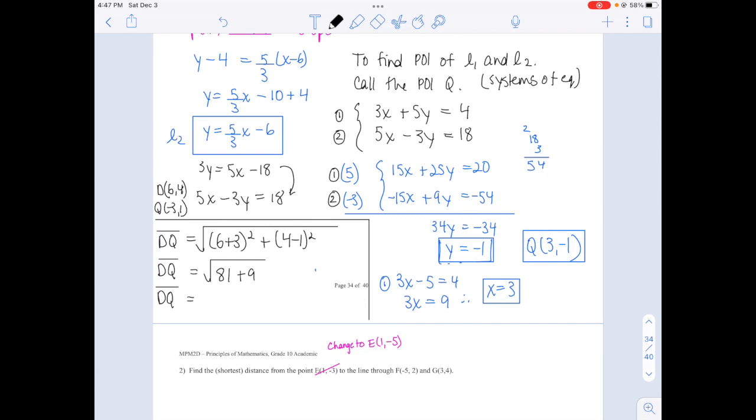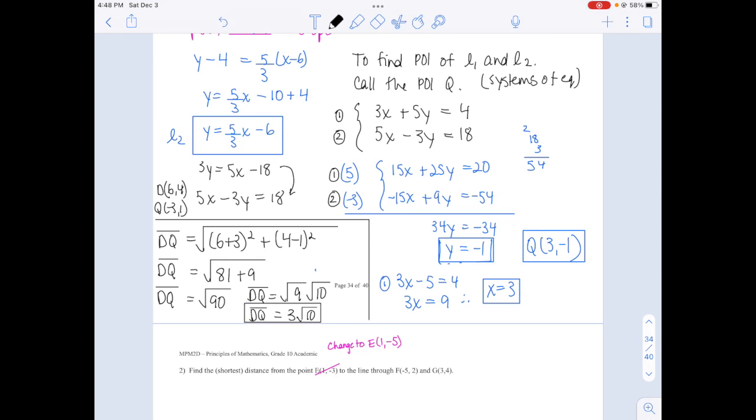Now the last thing I need to do is to see if I can simplify this at all. And I'm pretty sure I can. I can write it as 9, which is the largest perfect square that divides 90, and 10. So my exact shortest distance from D to Q, or the distance from the point to the line, is 3 root 10.